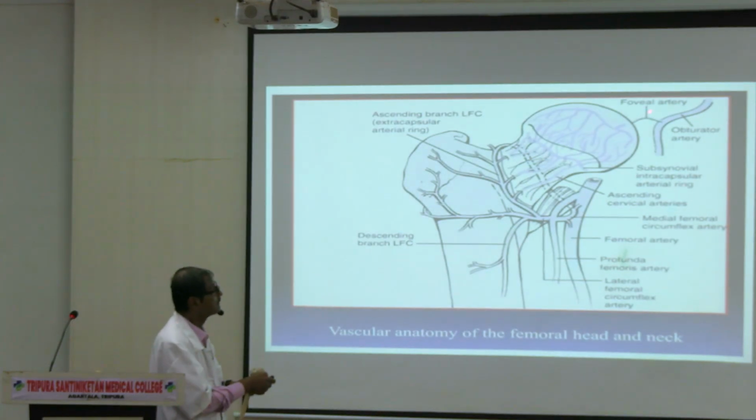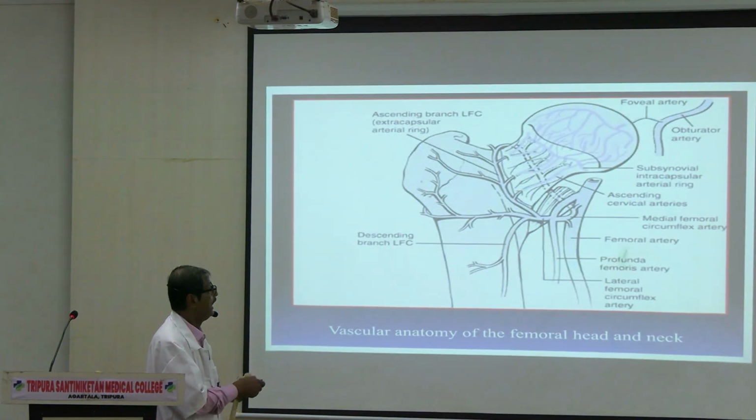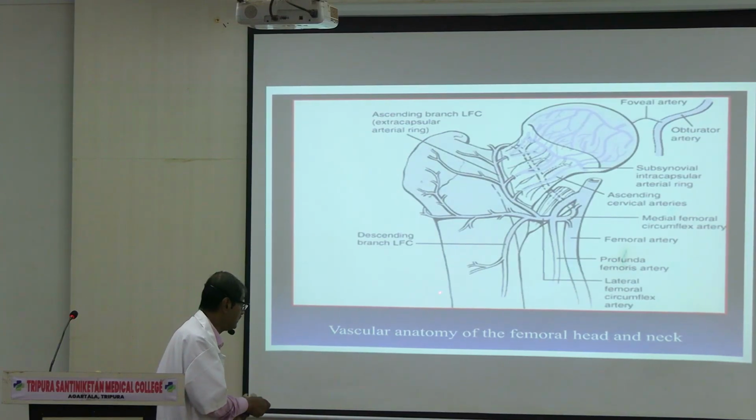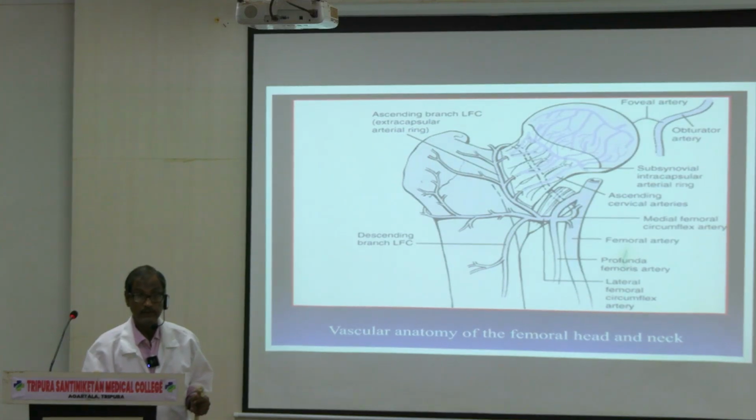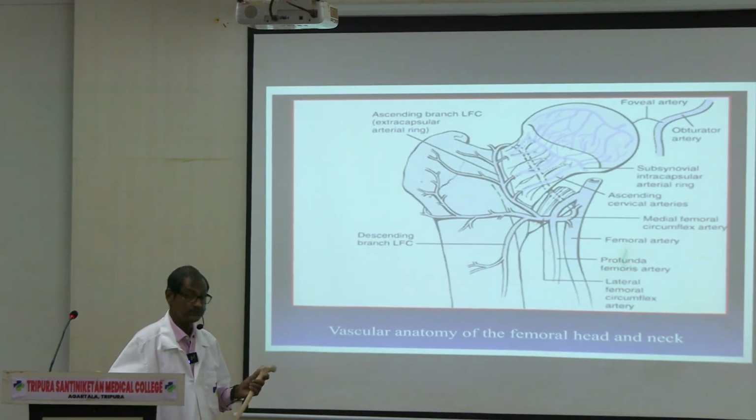And another comes from here, the foveal artery. And some artery goes from this way to that way, called the nutrient artery. The nutrient artery also supplies bone.